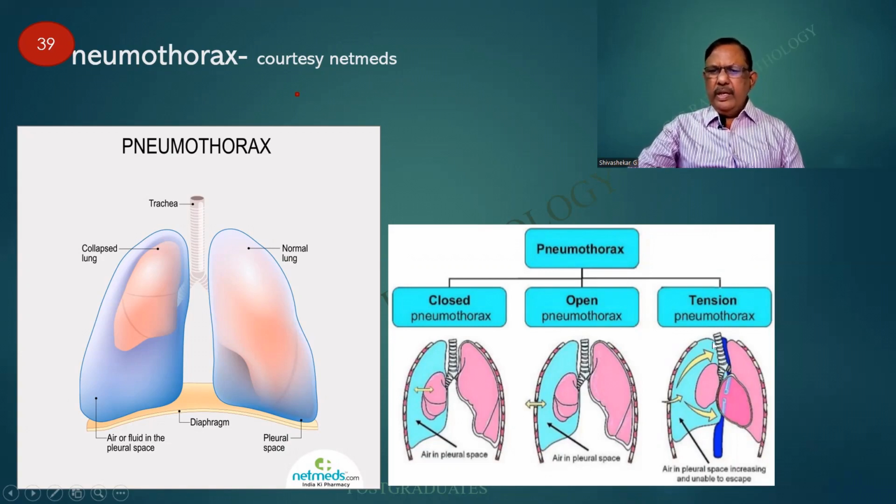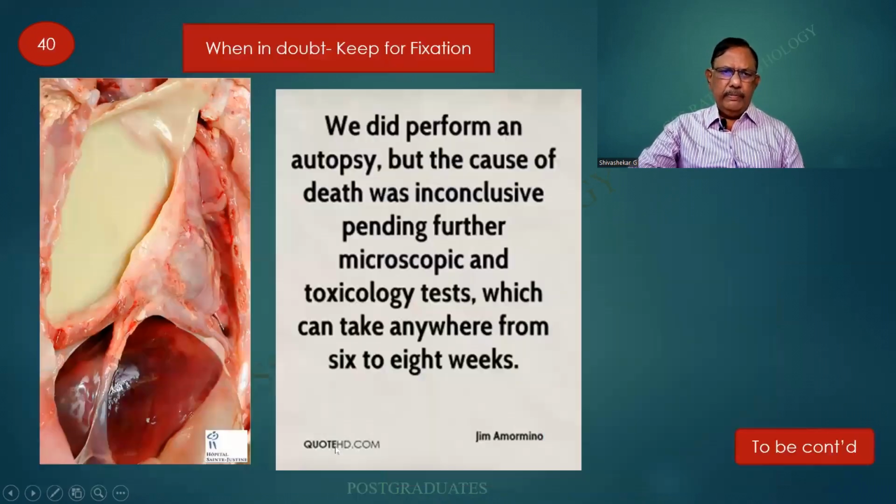Third one is a tension pneumothorax. You find it keeps accumulating in one region, collapsing the lung. All of these can be medical or surgical emergencies. Please do remember the different terms of pneumothorax, at least for the sake of completion. And courtesy NetMeds for these pictures.